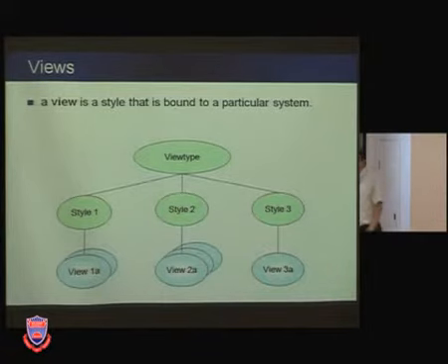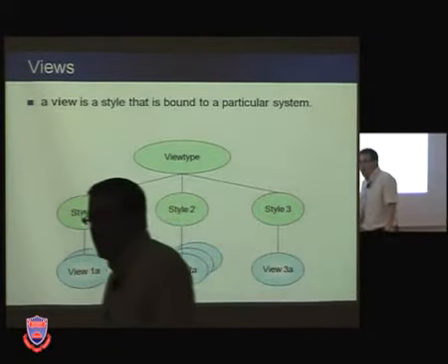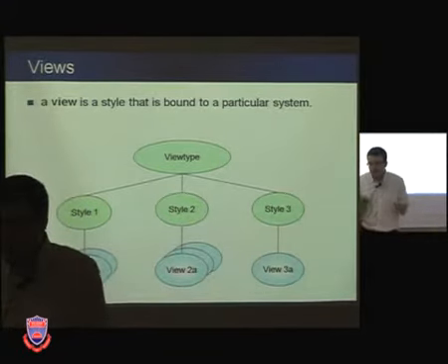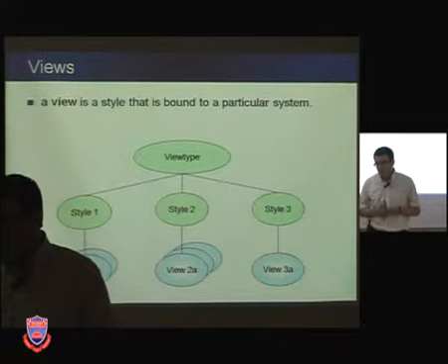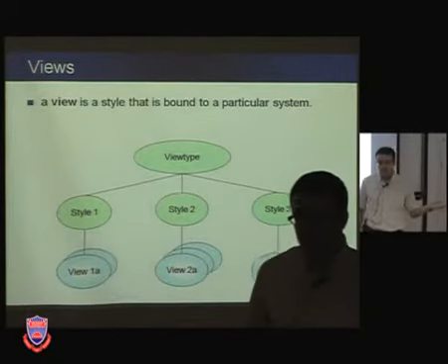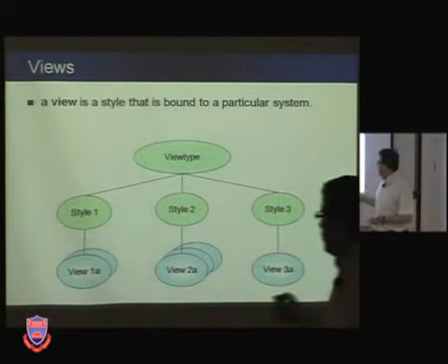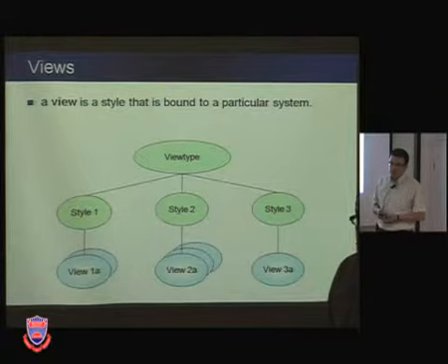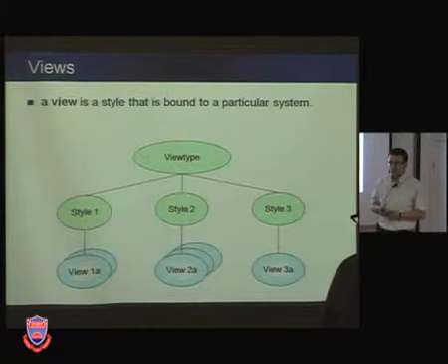So how would you relate these terms? Is a style a viewpoint or not? A viewpoint is a template to describe some views, right? And here, what are the templates? The grammar, the language to describe some views.